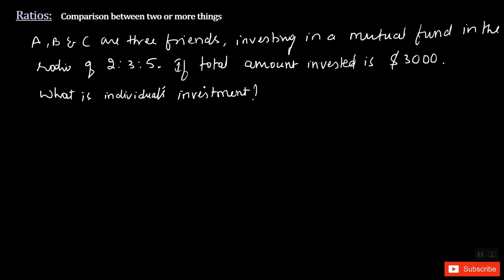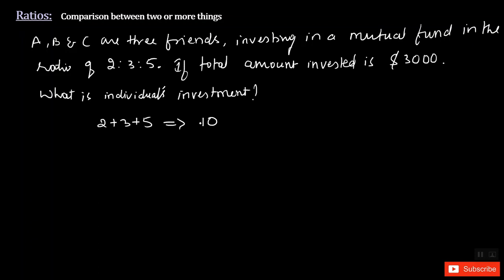Some people solve this by considering a variable x or something, but I suggest that if there is a question like this, the first thing we need to do is add the ratios they have given to you. 2 plus 3 plus 5. I'm getting the sum as 10.